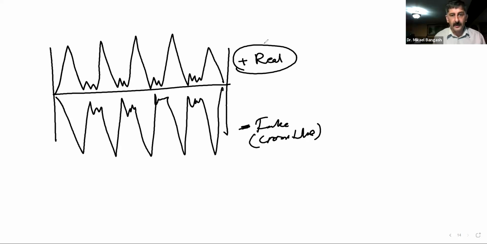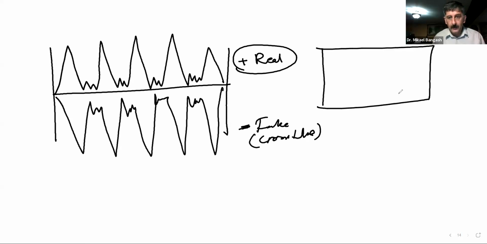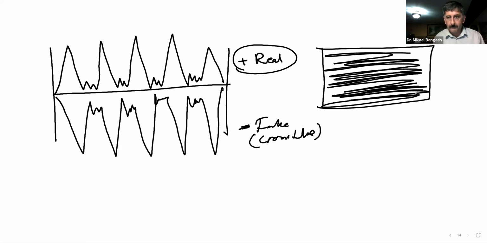Because on a spectral Doppler, the whole background is going to be black. This will be your zero Doppler shift line.